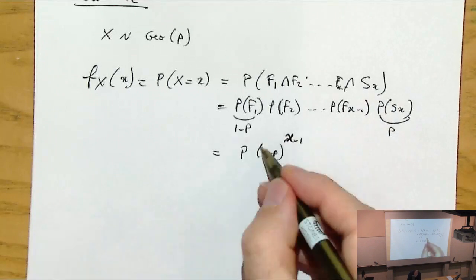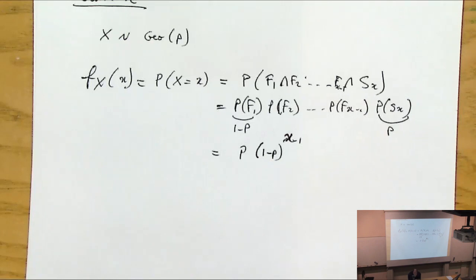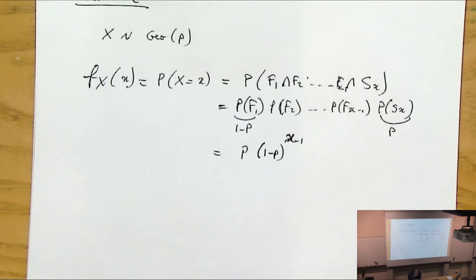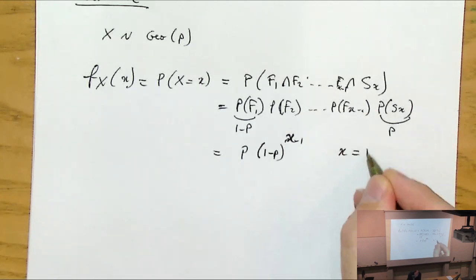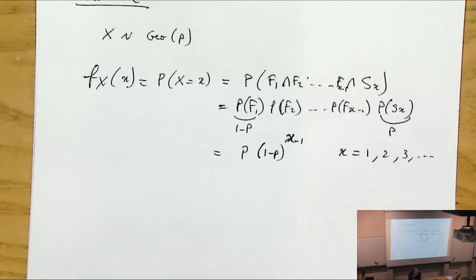Okay, so this is our probability mass function of having a success at trial x, and I can have success at trial 1, 2, 3, all the way to infinity.